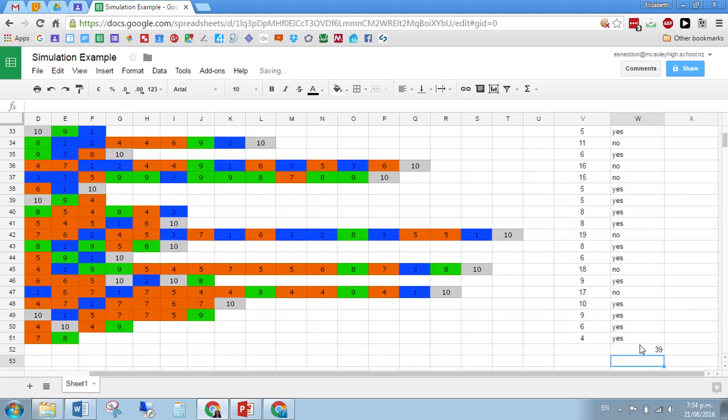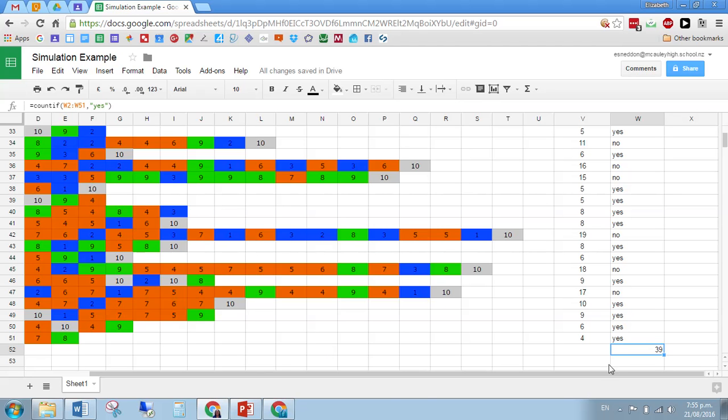That tells me there were 39 times that if they have 10 children or less, they would have got all 4 eye colours. So from the 50 trials I did, 39 of those trials gave a result of having all 4 eye colours if they had 10 children.